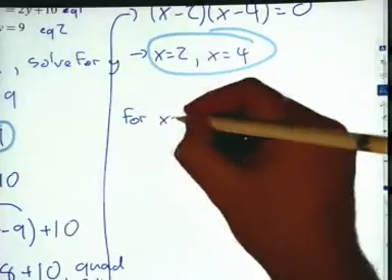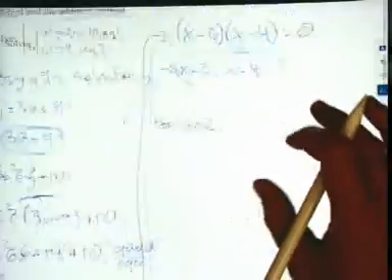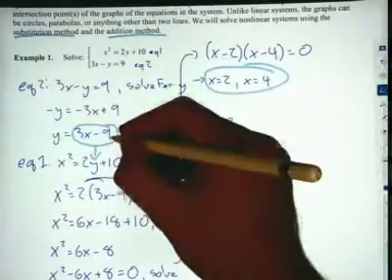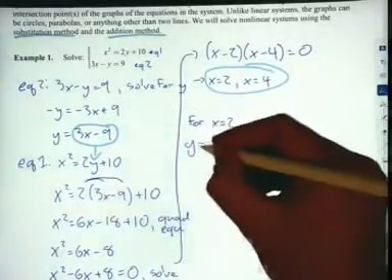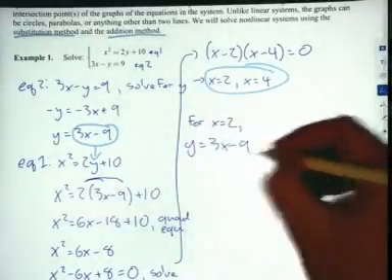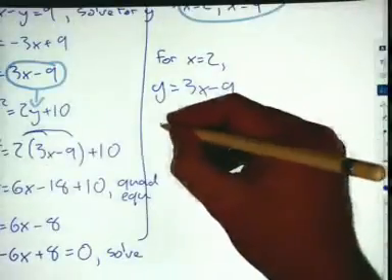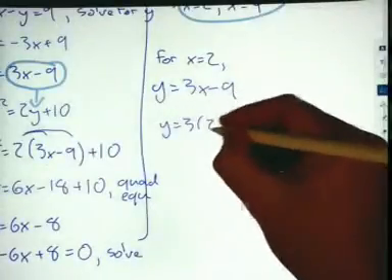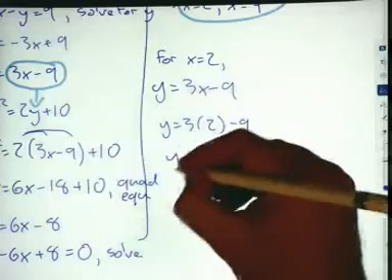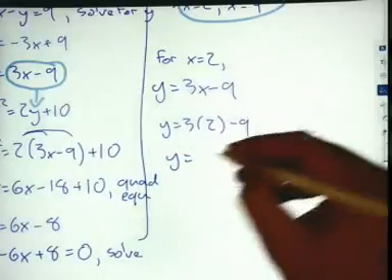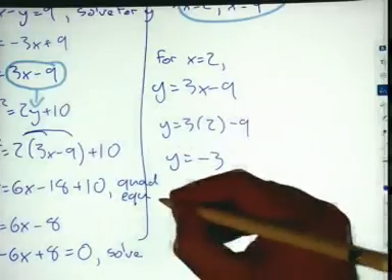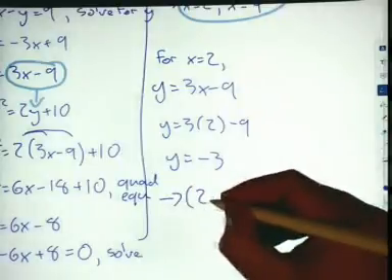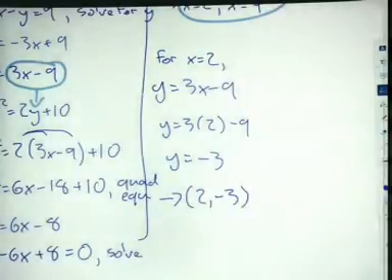For x equal to 2, I'm going to use this very nice equation for y. Y is equal to 3x minus 9. That means that y is equal to 3 times 2 minus 9. That means that y is equal to 6 minus 9. That's a negative 3.